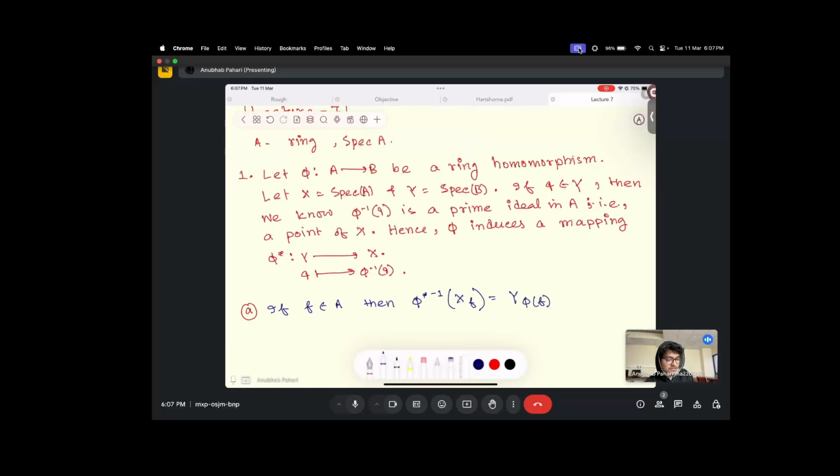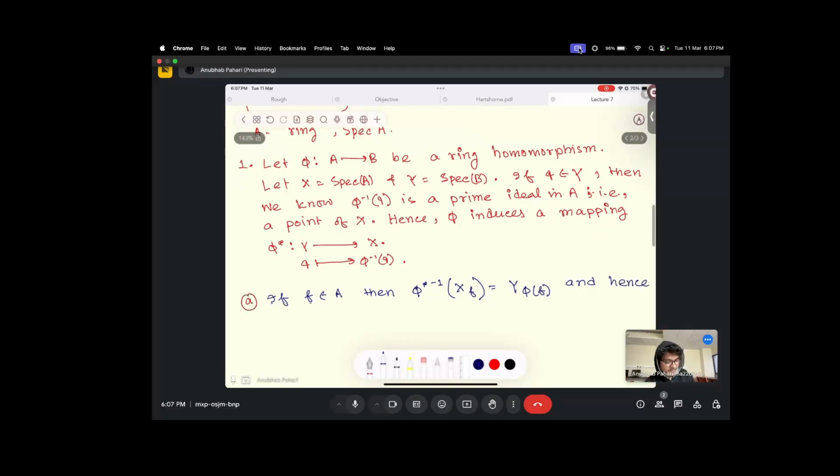I will be explaining what X_f and Y_phi(f) are. Let me finish the proposition first. And hence phi star is continuous.